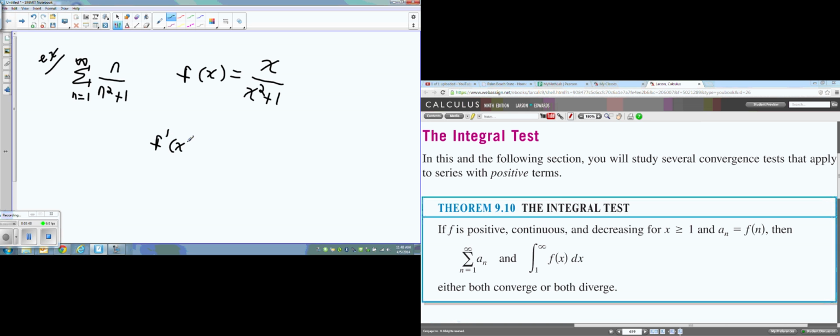And let's see, the first derivative is going to be, well, you can use the quotient rule, so it would be the denominator times the derivative of the numerator, which is 1, minus the numerator times the derivative of the denominator, which is 2x, all divided by the denominator squared.